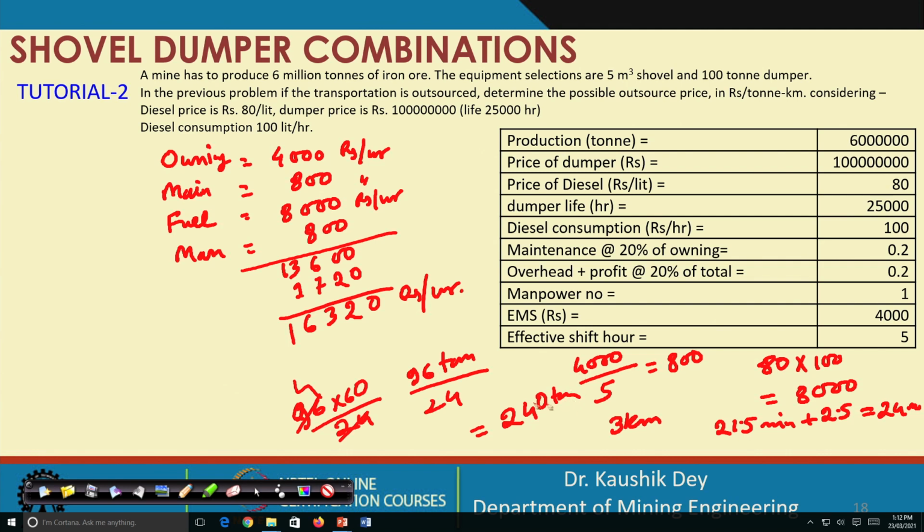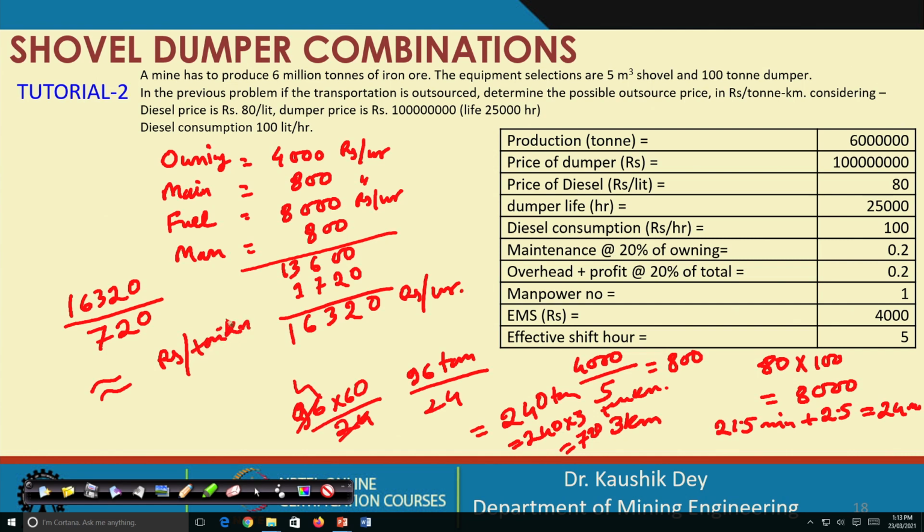If we are considering the lead distance is 3, it is 240 into 3, that is 720 ton kilometer handled by this dumper. So, now we are having the cost 16320 and we are having ton kilometer 720. If we divide this, we will get rupees per ton kilometer travel cost.